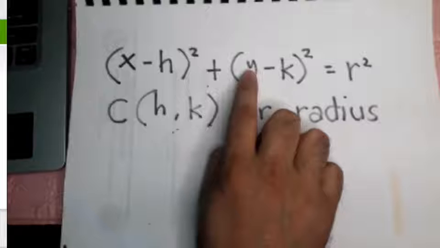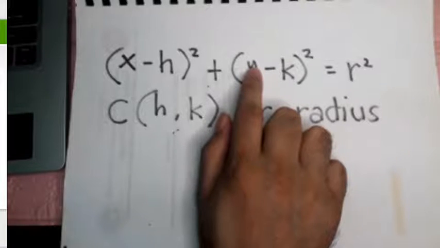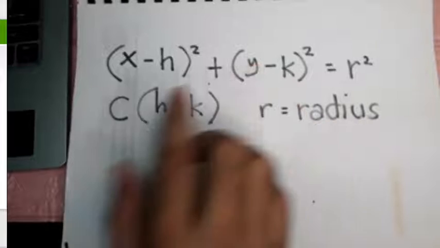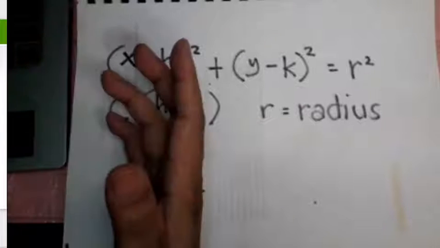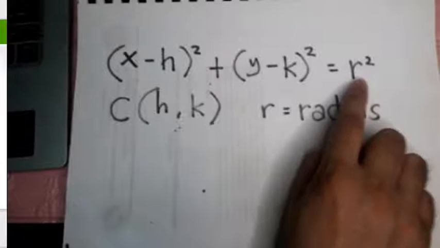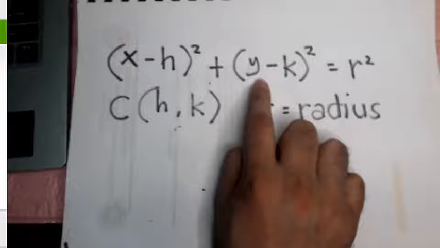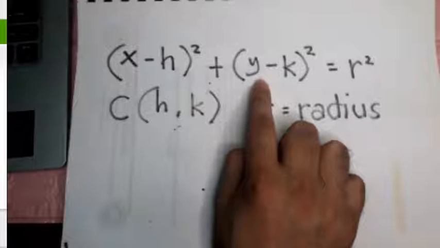X and Y are known to us. We already know X and Y because we have the coordinates. We have the coordinate system. What is the coordinate system? It looks like this, Y and X. So this is the coordinate system.